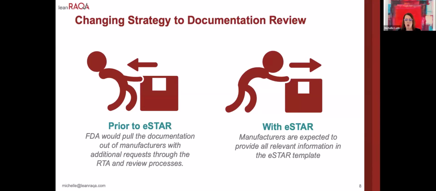With eSTAR, it's more of a push from industry to the FDA, because the template is expected to help flush that out in advance while the 510(k) is being compiled, so that manufacturers push the right information, and enough of the right information, to the FDA.